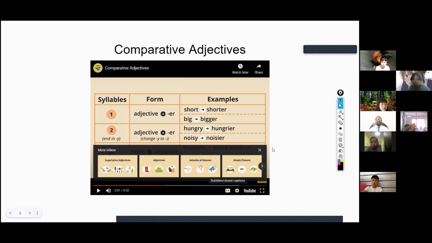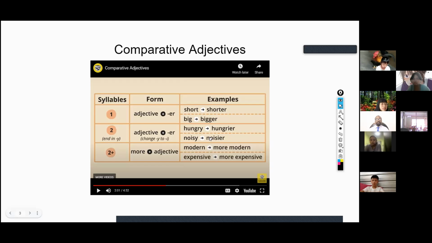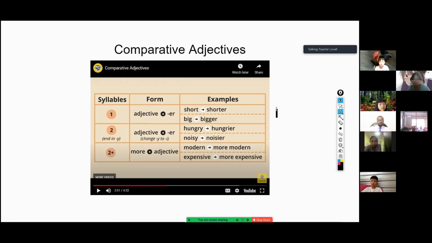All right, so guys, this is a very important page. If you can take a screenshot, that would be great. It teaches us the system for using er, ier, and more. If it has one syllable, we simply use er, okay? But if it has two and ends with the y, we change the y to i and add er.